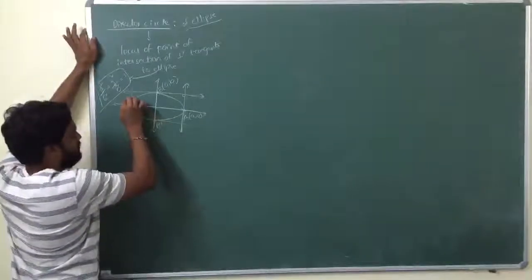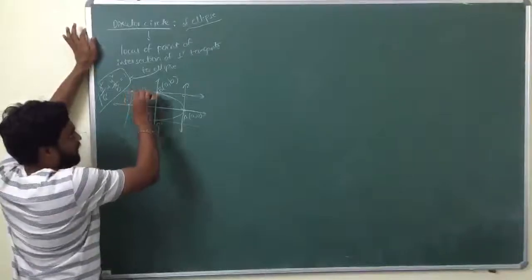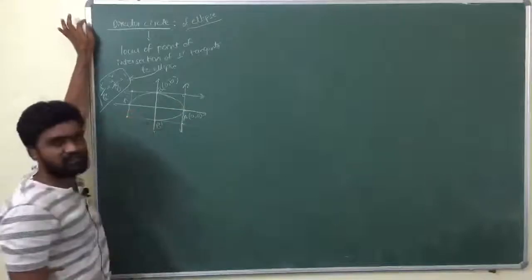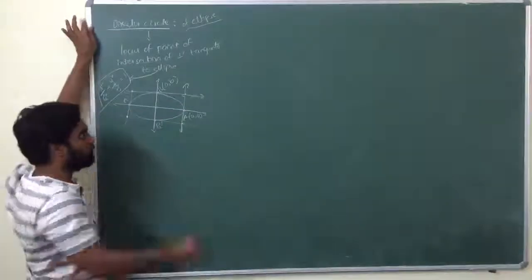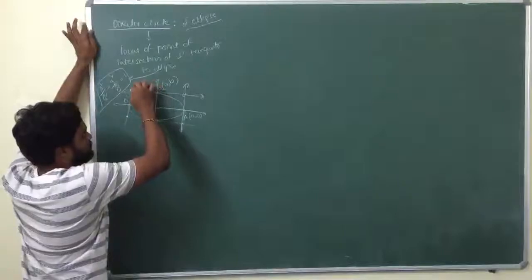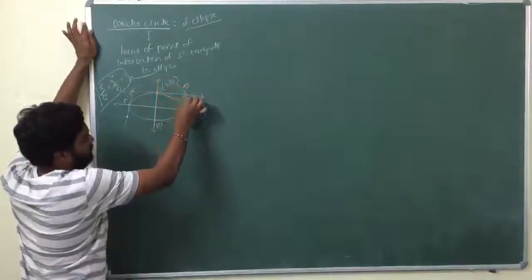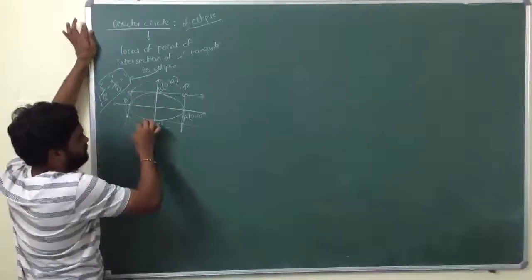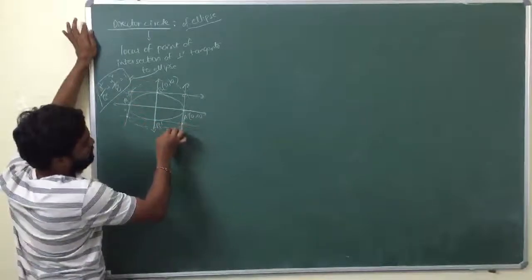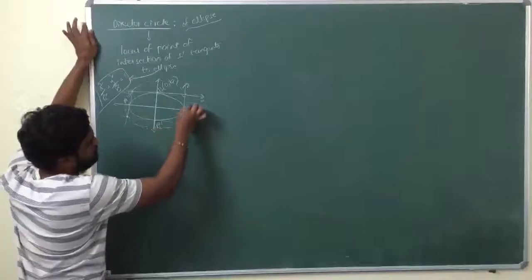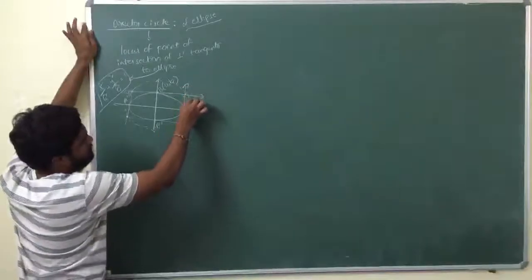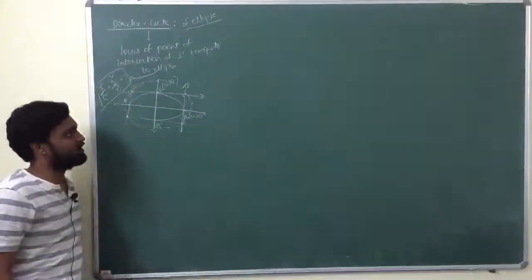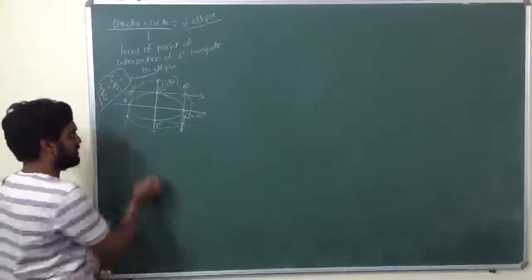Now all these 4 points lie on a circle. That is the director circle.